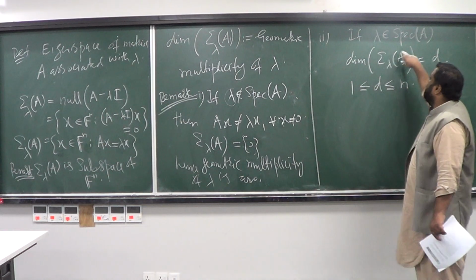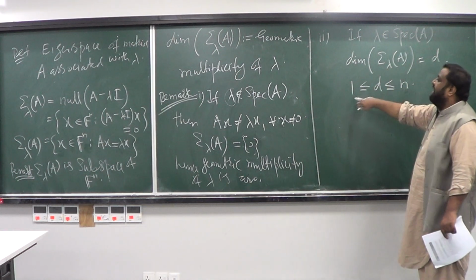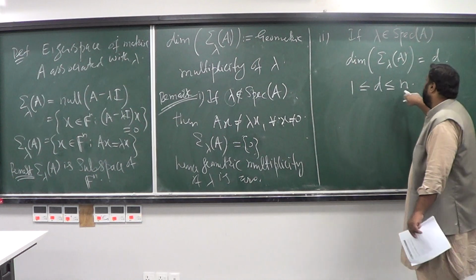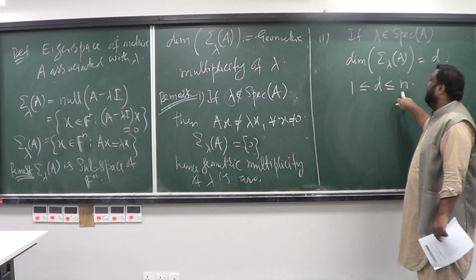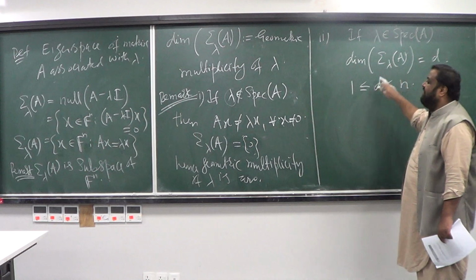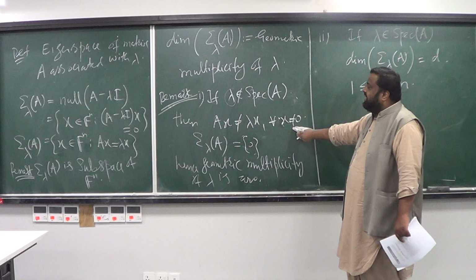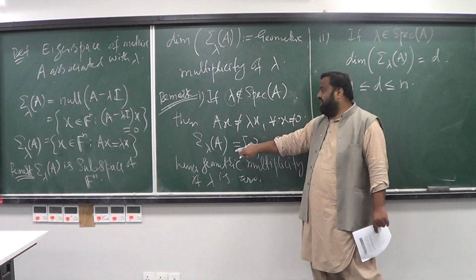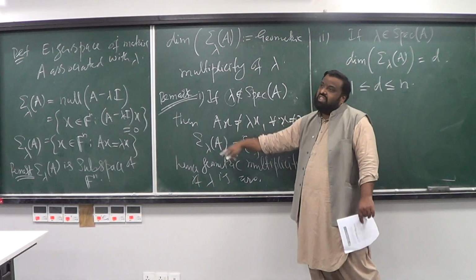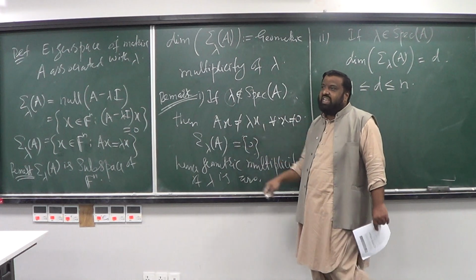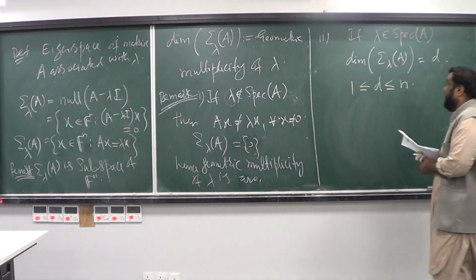Since lambda is an eigenvalue, it can't be 0, because there are going to be some vectors for which this is true. The eigenspace is not going to be a trivial set.